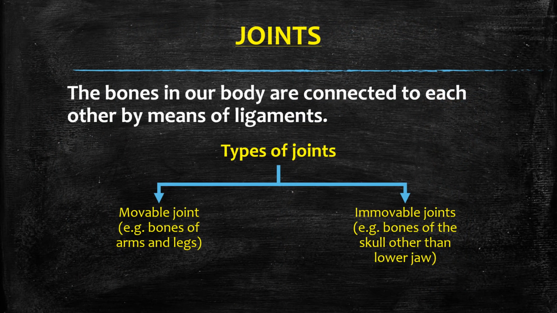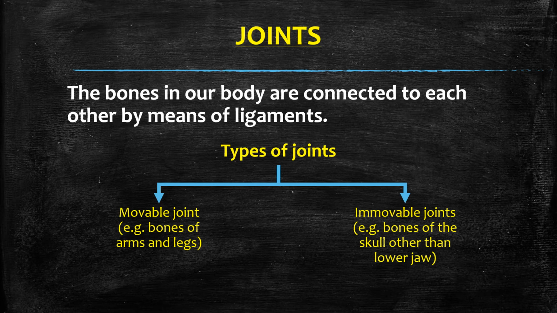Next point is joints. The bones in our body are connected to each other by means of ligaments. There are two types of joints. First one is movable joints, means joints where you can move your body parts.